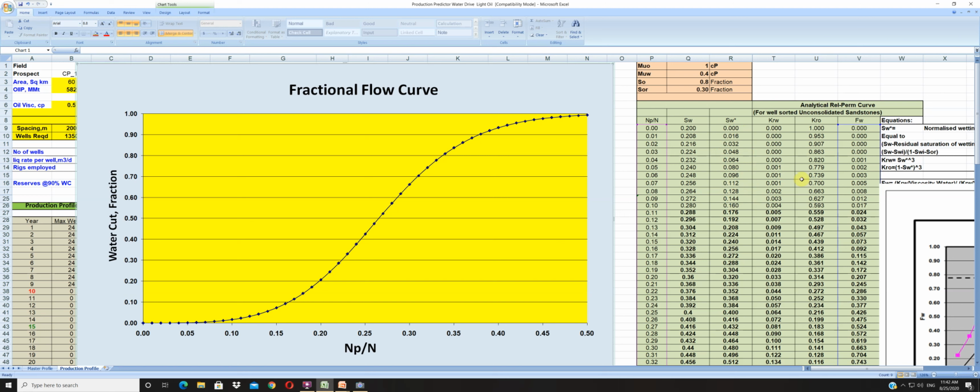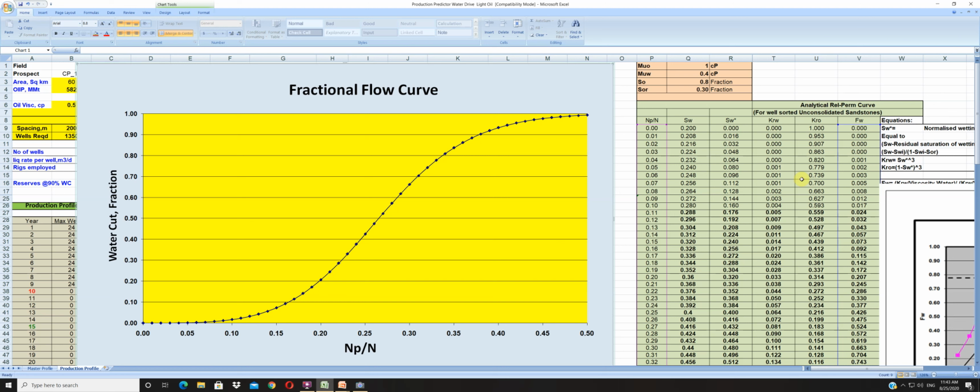And there are several correlations to compute the relative permeabilities. Like relative permeability to water is a function of SW star. There can be Corey, they can be Stone, they can be Parcel, they can be Delshad and Pope. There are so many correlations, but I suggest that you take the correlation which fits into the production performance of that particular reservoir.